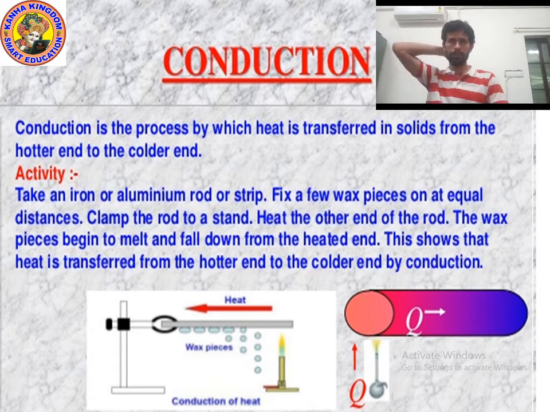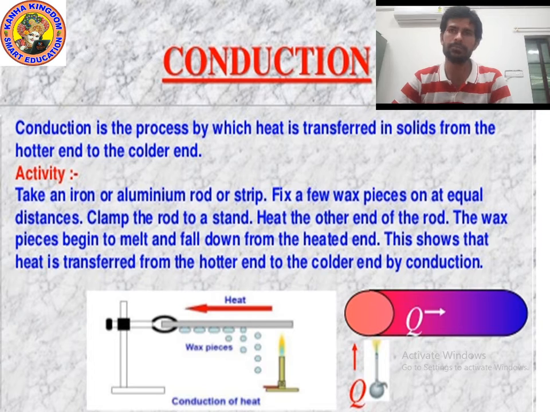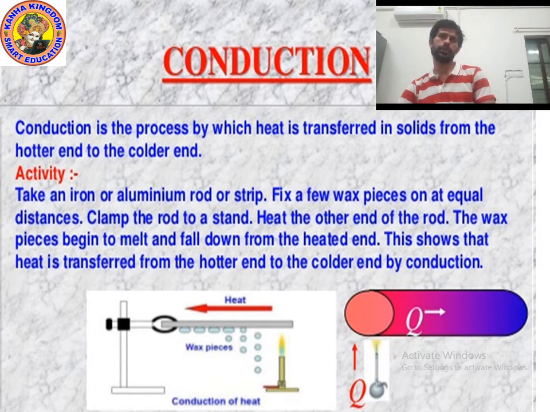Why? Because heat is transferring from the hotter end to the colder end, and the complete rod is becoming hot. So this shows that heat is transferred from the hotter end to the colder end by conduction, as you can see on the screen.